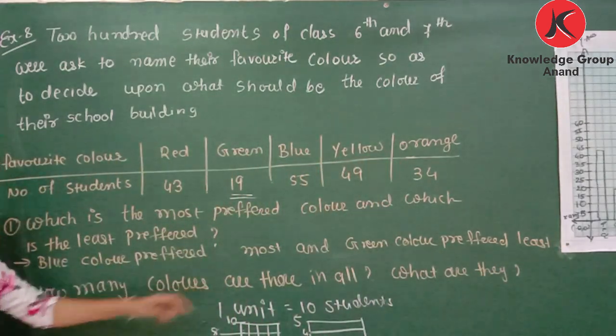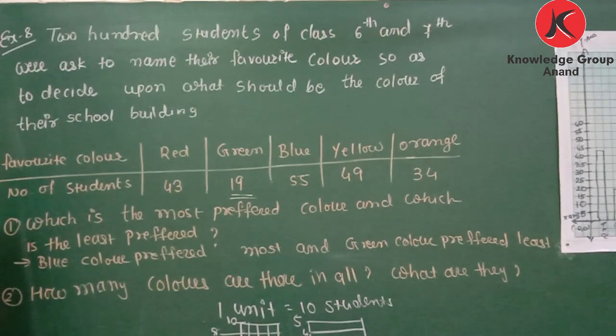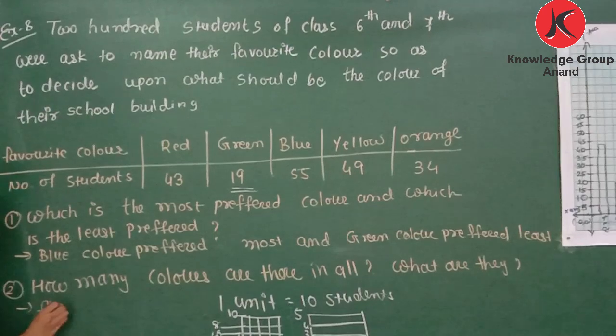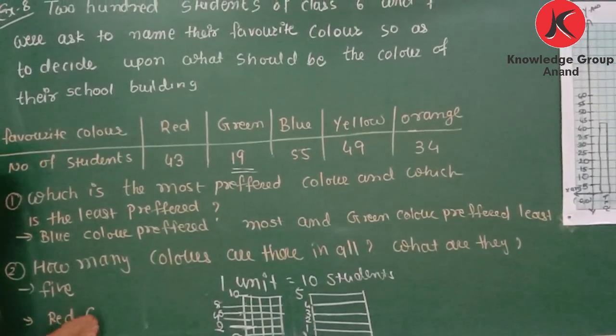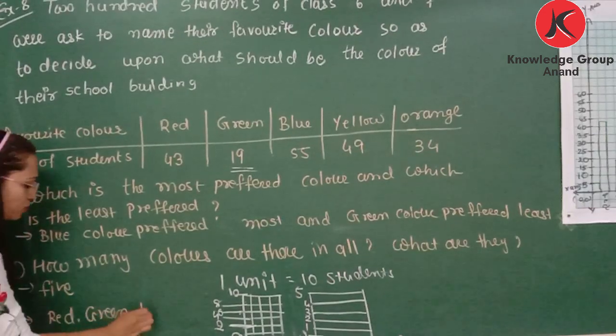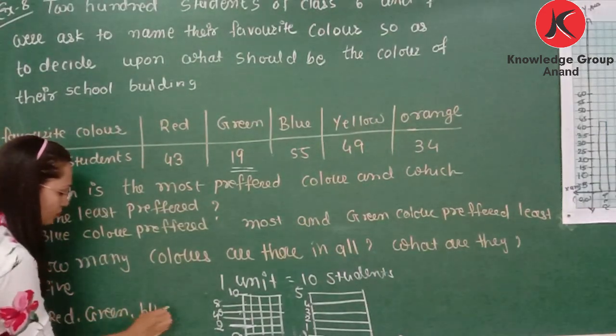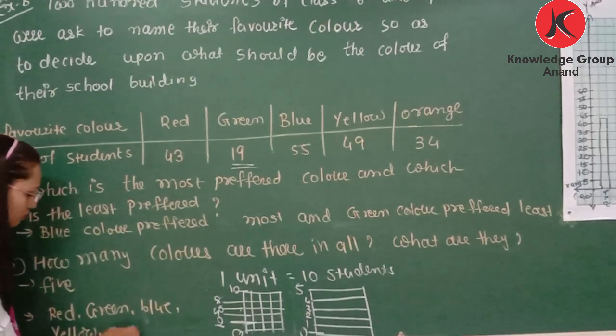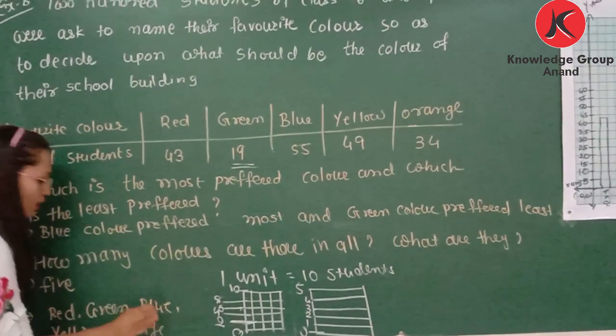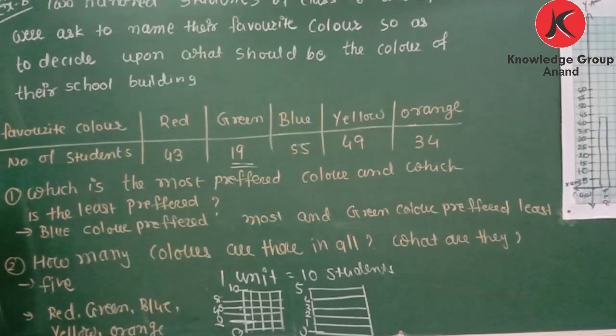Now how many colors are there in all and what are they? How many colors are there? We have 5 colors. So 5 colors are there, and what are they? They are red, green, blue, yellow and orange. So this way, by observing the graph you can answer the question.